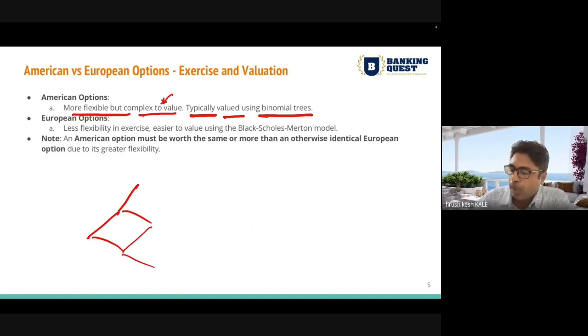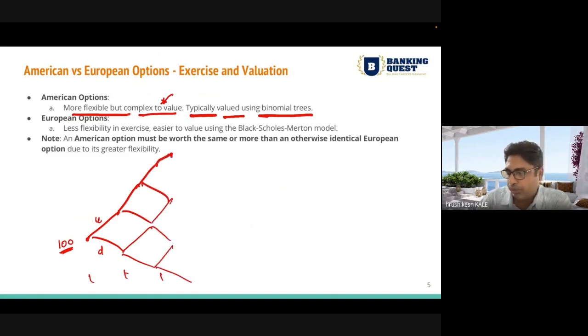But basically, we need to calculate the probability of an up move and the probability of a down move. So if the option price is 100 today, what will happen after one period? What will happen after two periods? And what will happen after three periods? That also we can calculate. So this is the first, this is the second period, and this is the third period.